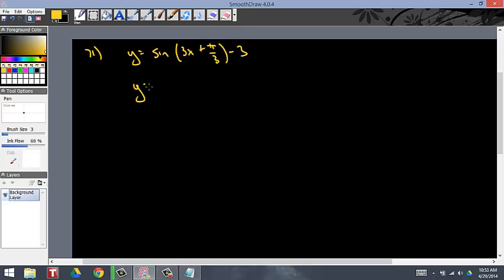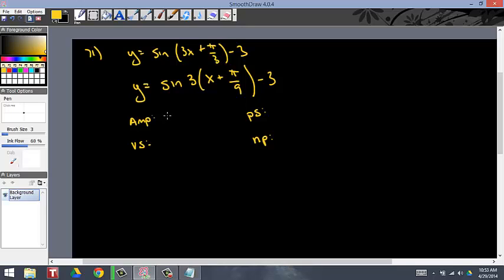Remember, before we graph anything, we have to factor out that 3. So it becomes x plus pi over 9, minus 3 on the outside. This is the function we're going to look at. We need to identify the amplitude, the vertical shift, the phase shift, and then the new period.